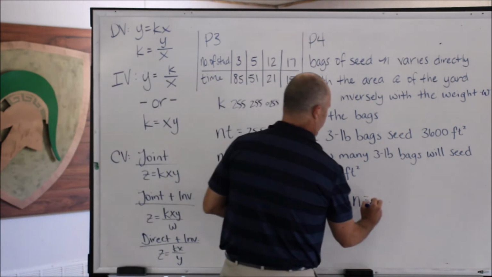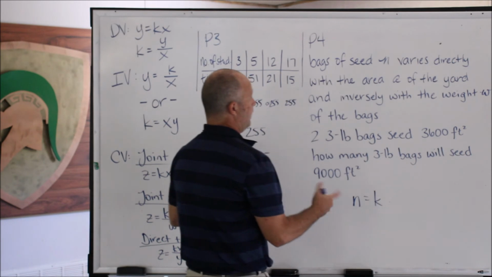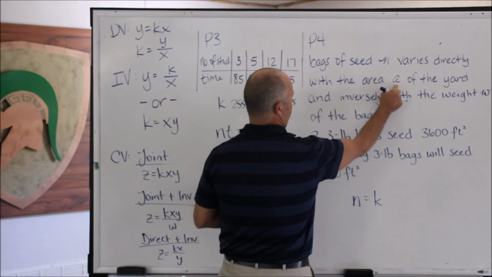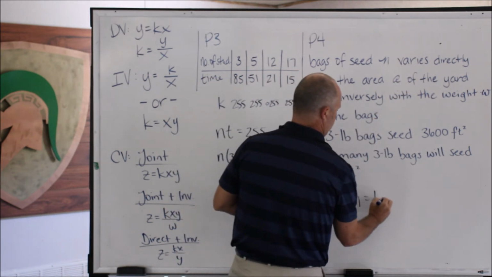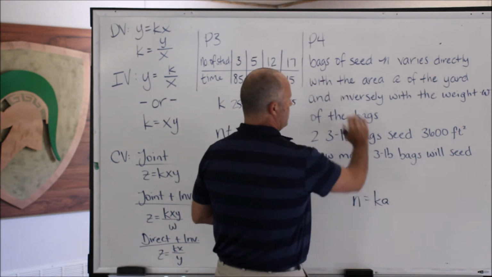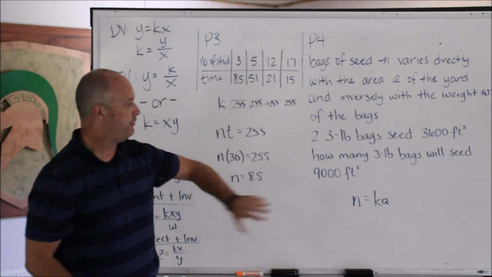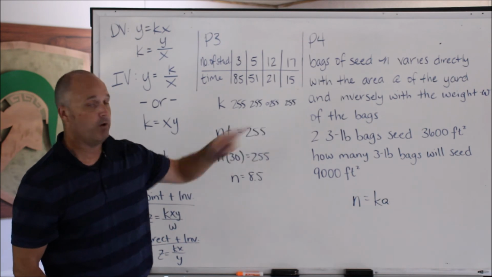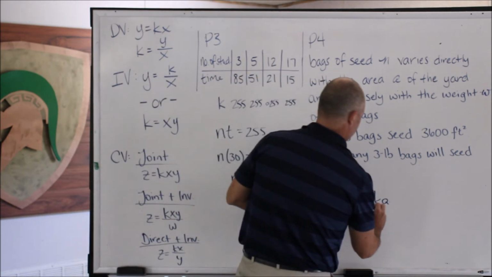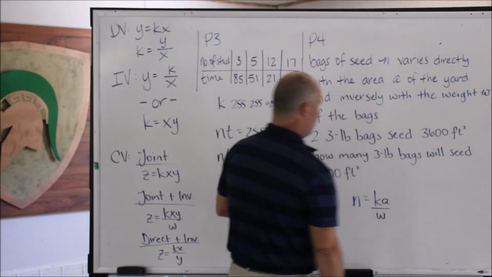So N equals K, and then K is going to be multiplied against A because this varies directly with. So N equals Ka, and then the next thing that we've got is that this varies inversely with the weight of the bags. So we get N equals Ka over W.